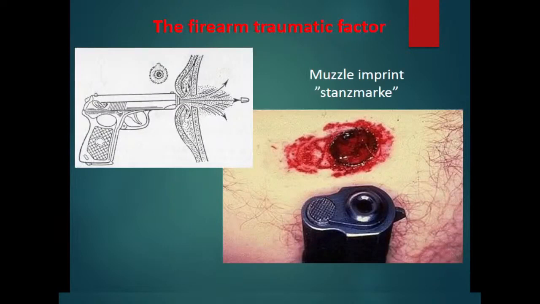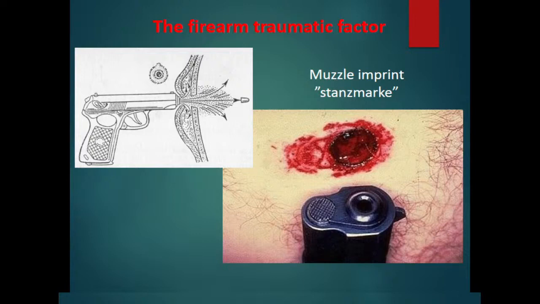The firearm itself as a traumatic factor is commonly seen in case of a contact shot, when the muzzle of the barrel of the firearm is in contact with the skin or clothes of the victim.